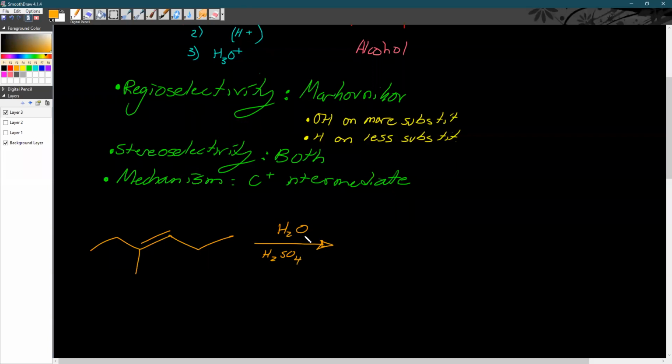And we know that this is a Markovnikov reaction, so we're going to be degrading that carbon-carbon double bond into a single bond. And since it's Markovnikov, we're going to be putting the OH on the more substituted side and the H on the less substituted side.